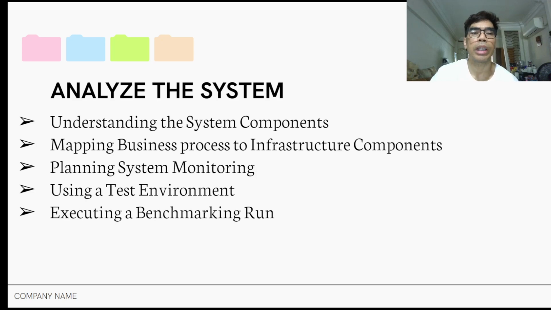In analyzing the system, we can understand the system components, mapping business process to the infrastructure components, and we can plan system monitoring. We will know if we have a test environment, so using the test environment and executing a benchmarking run.